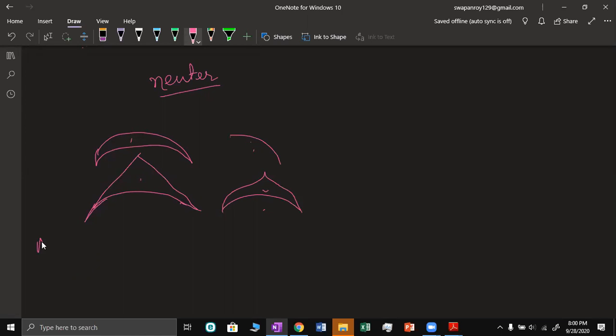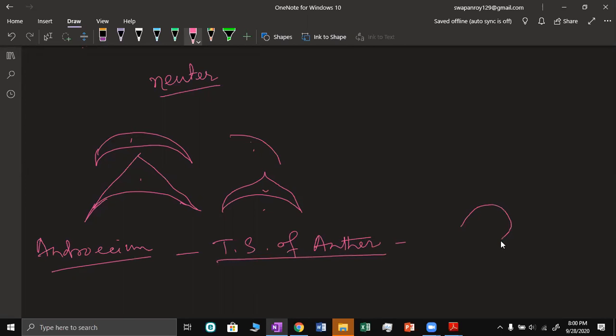For the androecium, TS of anther is drawn. In the TS of anther, they have two lobes, and in each lobe there are two sacs, two chambers.